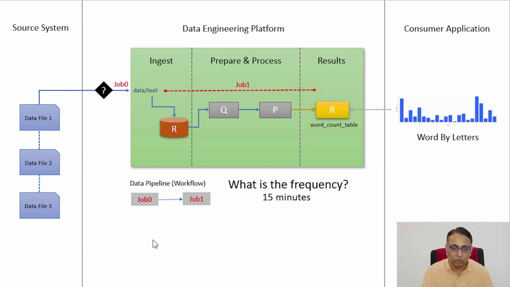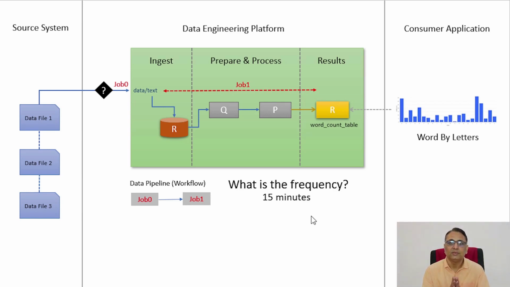So we will have two jobs. And then we can create a pipeline, job 1. After that, execute job 2, build this pipeline and schedule it to run every 15 minutes. And we are done with the batch processing application for word counts.